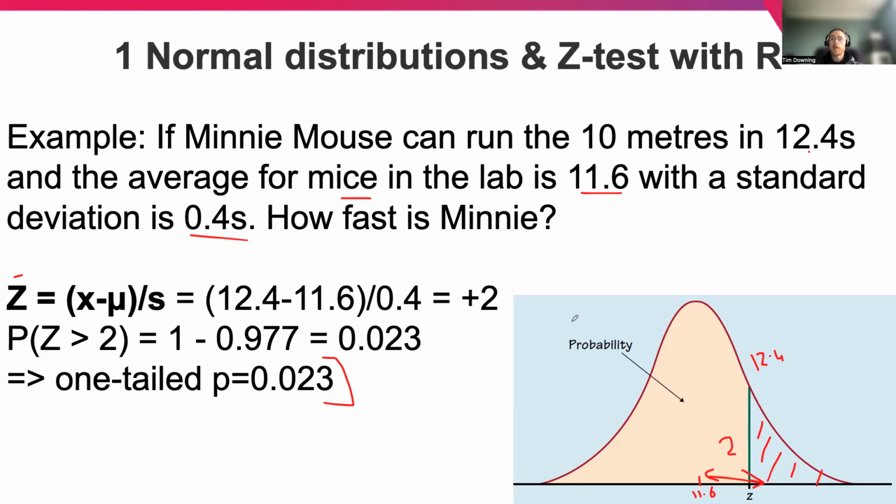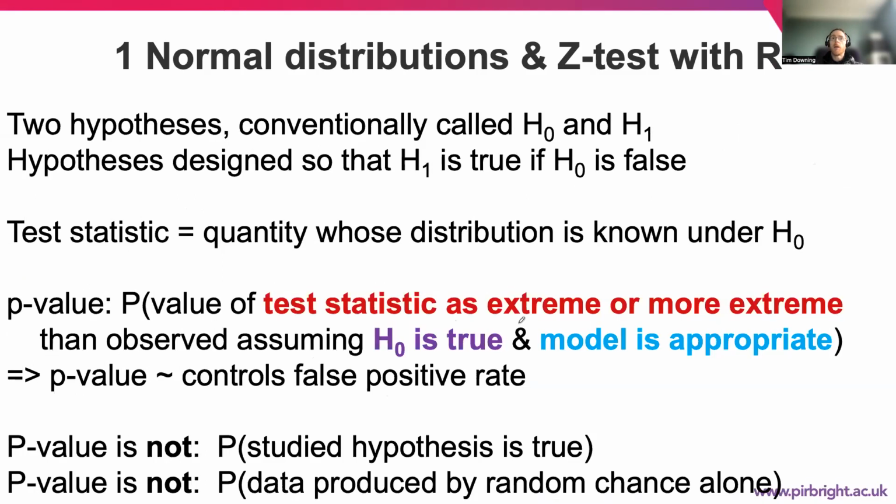What's worth noting here is that we can really think of these p-values as the percentile, showing how extreme this value is, because if we're applying a p-value, we're assuming that the null hypothesis is true for these particular values, that the hypothesis is well designed in the context of that experiment, and that the model that we're using is appropriate, which is that our data is normally distributed here.